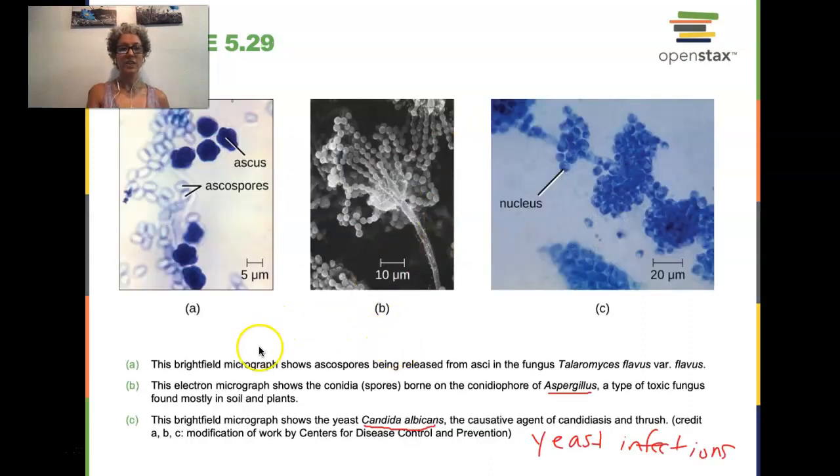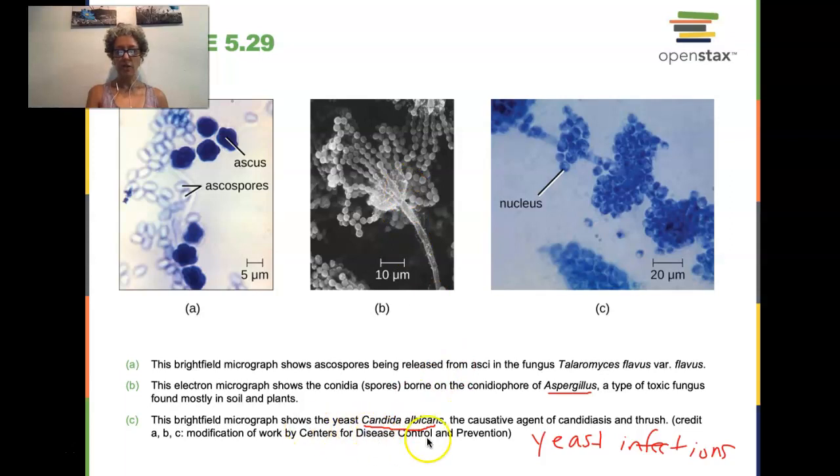There's different kinds of spores. You do not need to memorize the types of spores, but they could be in an ascus and make ascospores. They can be in conidia, so this whole thing looks kind of cone-shaped when it's not under an electron microscope, and that's why it's called a conidia.